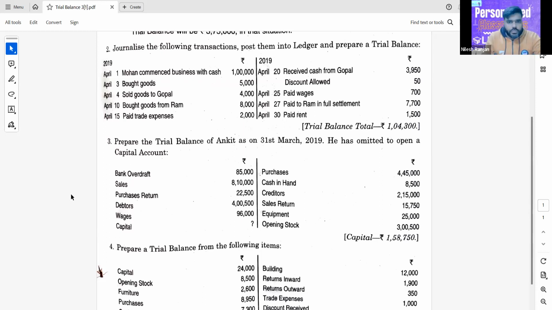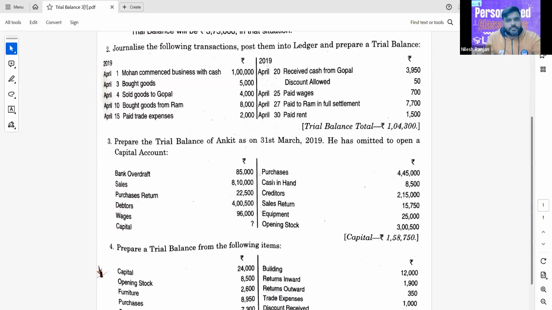Okay. So, can you tell me the journal entry that you have done? Sir, I have to do the journal, then ledger, then trial balance, right? No, no, you have to pass journal entry. Only journal entry? Yes. Oh, okay.